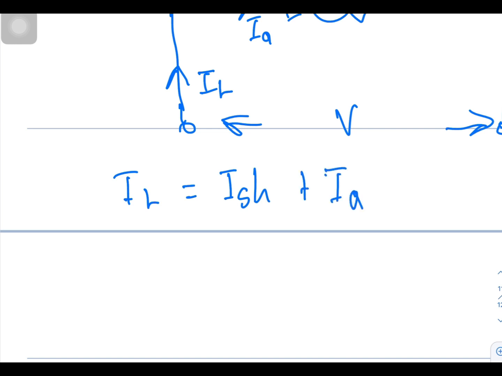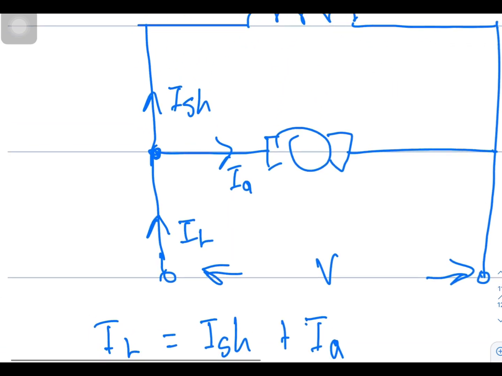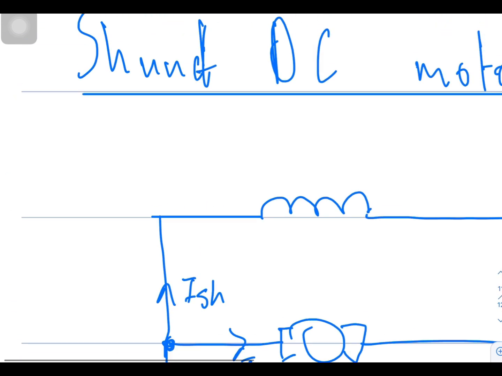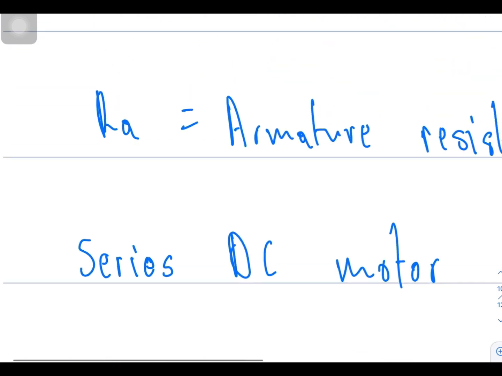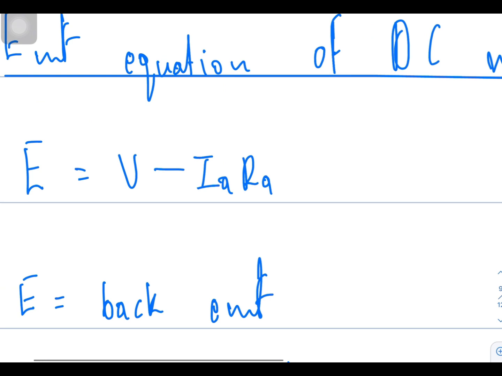We are just applying Kirchhoff's laws. We are looking at how the current flows in the motor, or if it's a generator, how the current flows in the generator. But the current I need the most in my calculations is I armature.